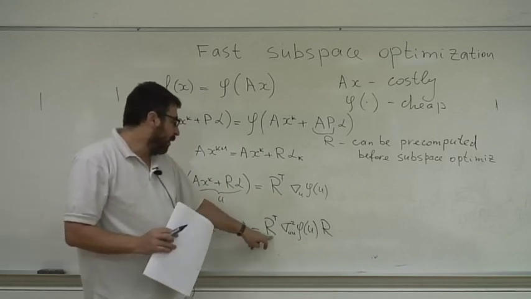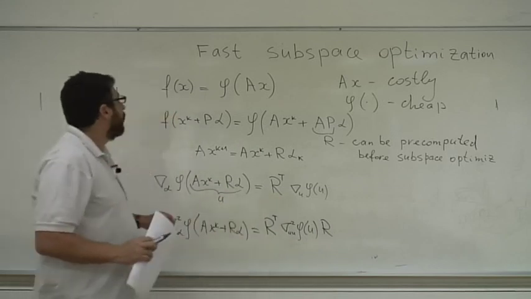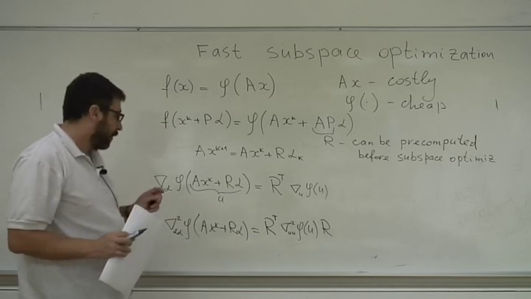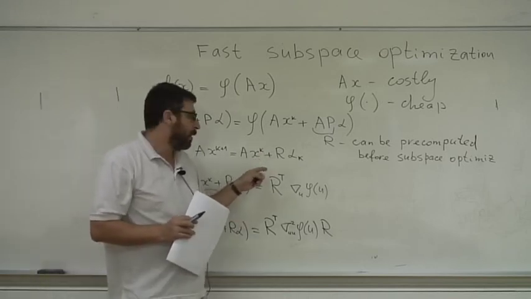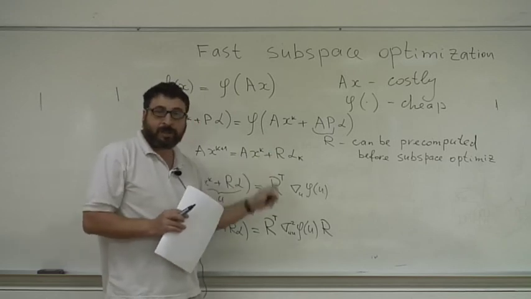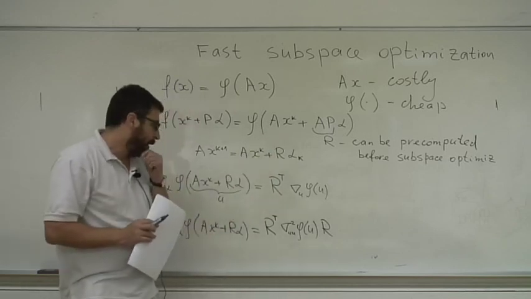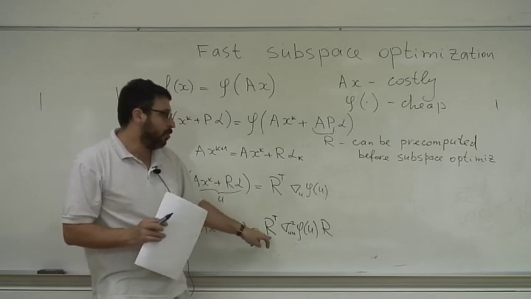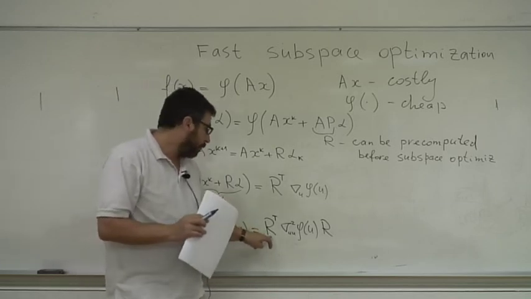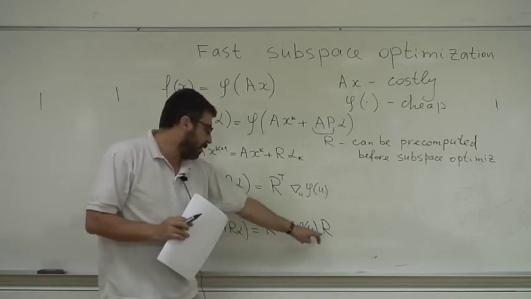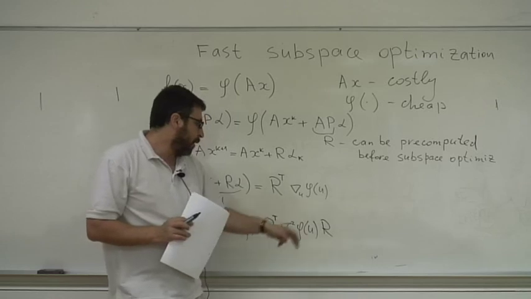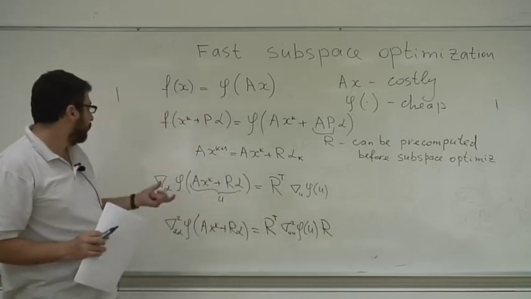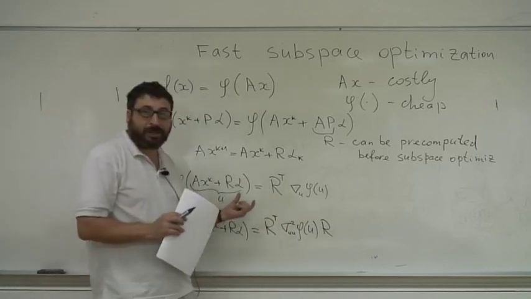Here you still will need, if we say that x is an n-dimensional vector, so the columns of R are of size n. So to compute R transpose R, you need n multiplied by the number of columns of R in square.